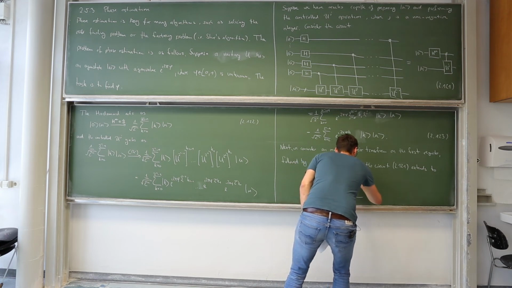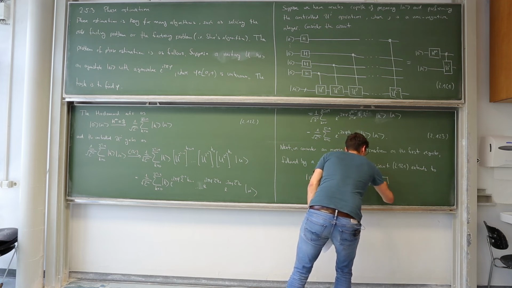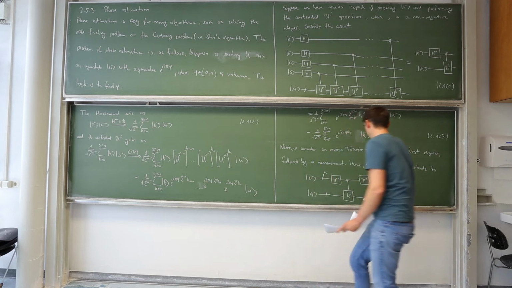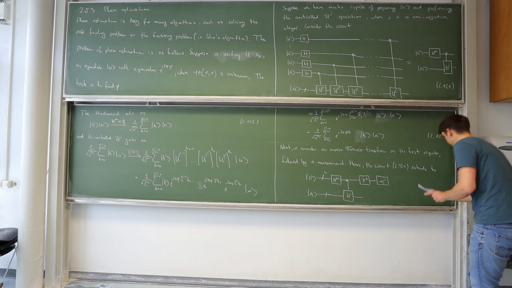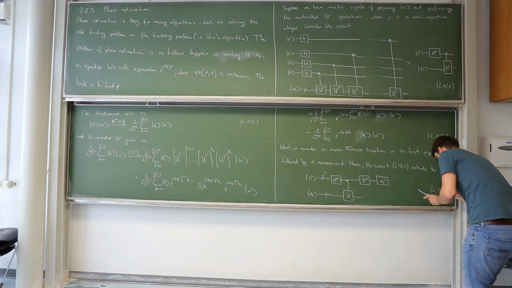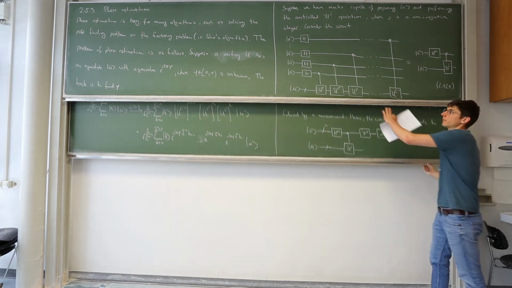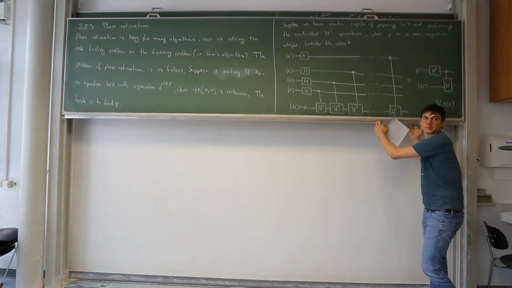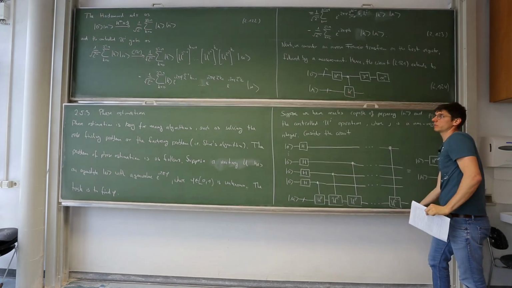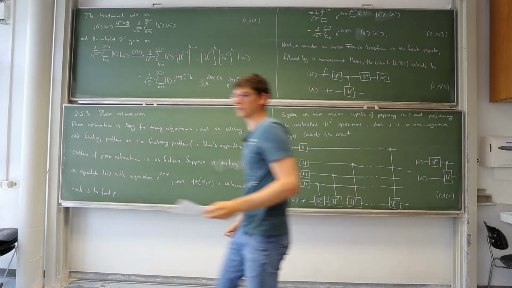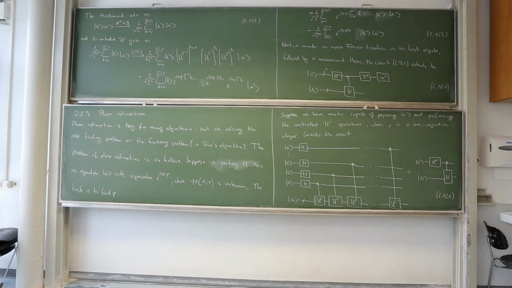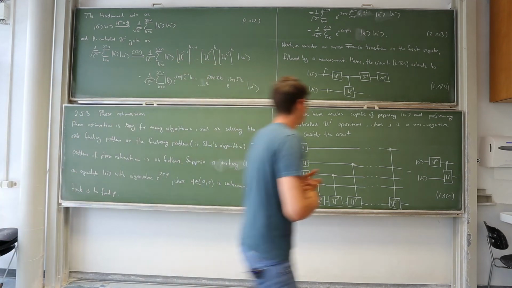Now we do an inverse Fourier transform and then a measurement. Okay, and we do nothing on the second register. And since we do nothing on the second register, we can forget about it. So we can now focus on the first register.